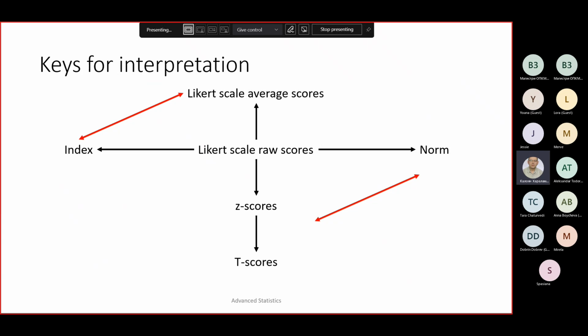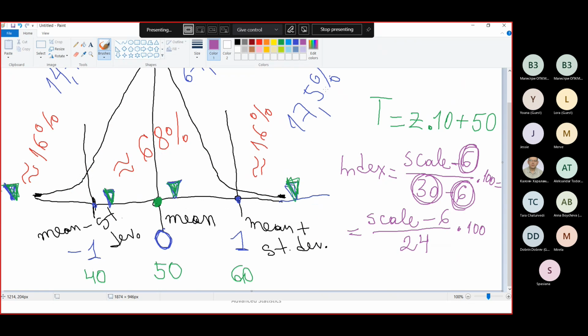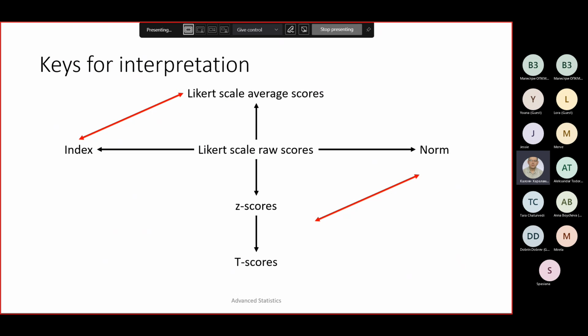For calculation of norm, we use mean and standard deviation, and calculate these limits, upper and lower limit as mean minus 1 and mean plus 1 standard deviation. And when we calculate z-scores, we also use mean and standard deviation, but these are means and standard deviations of particular population.